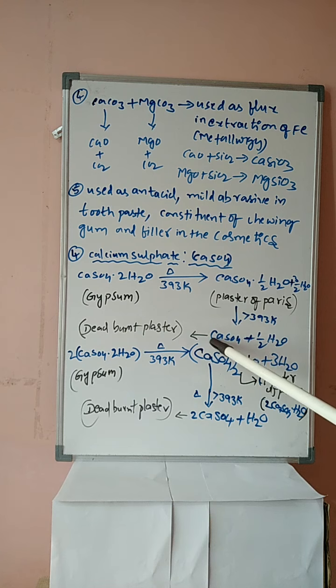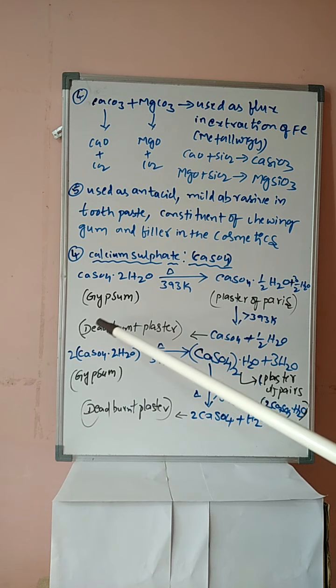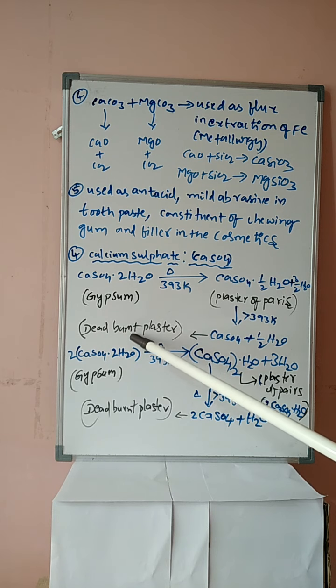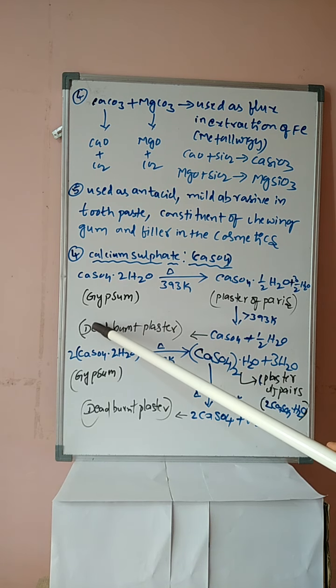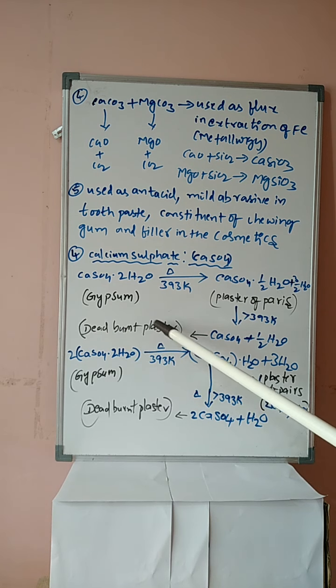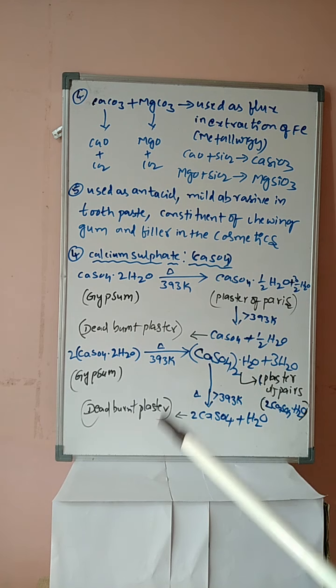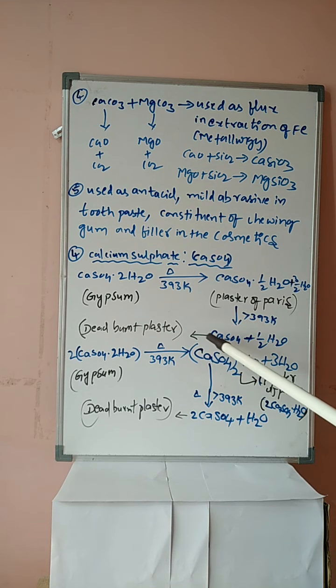The anhydrous calcium sulfate is also known as dead burnt plaster because the plaster of Paris is heated or burnt until a dead condition. Hence it is known as dead burnt plaster. Here the plaster of Paris is heated until it loses all water molecules.